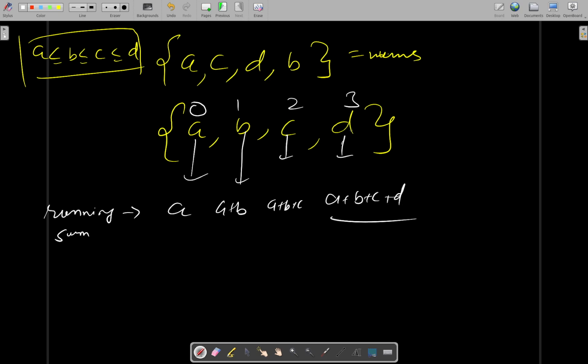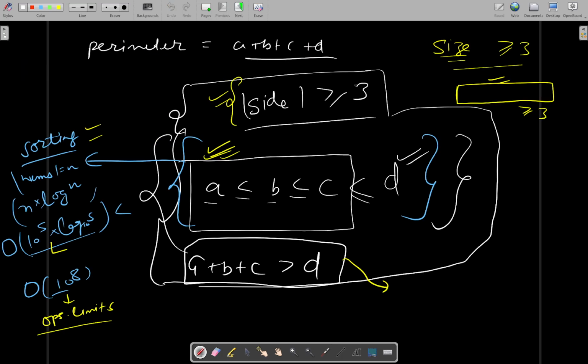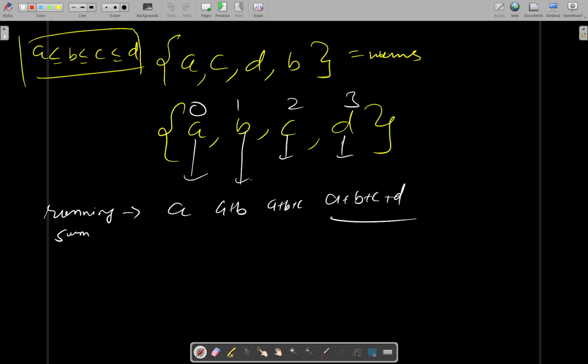So that first condition, which required us to always have the number of sides greater than or equal to 3, can be easily checked here. Let's say these are the indices.